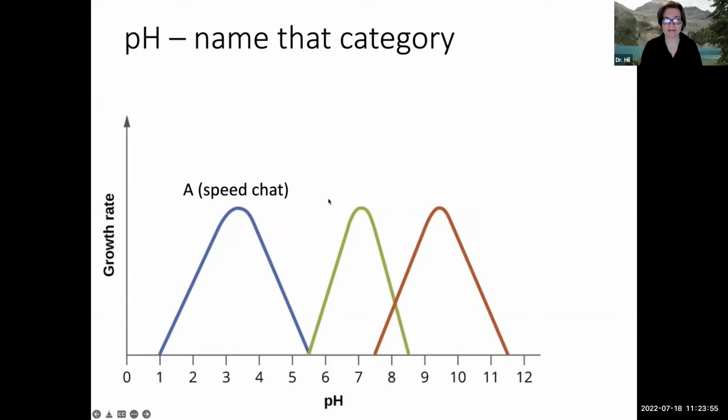We call them acidophiles. When they like pHs around 7, what is this? This is a neutral pH. These are called neutrophiles. And then the high pHs, also called a basic pH or an alkaline pH, that's right, alkalophiles. Good job.